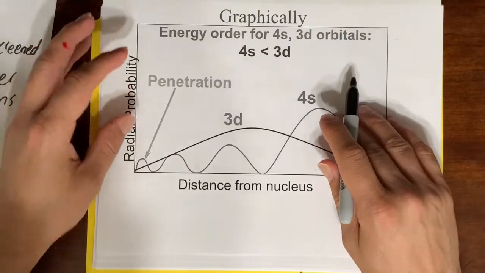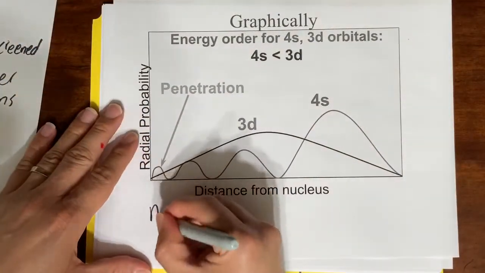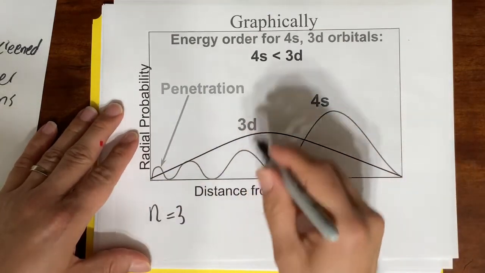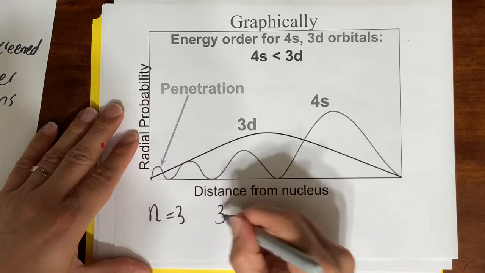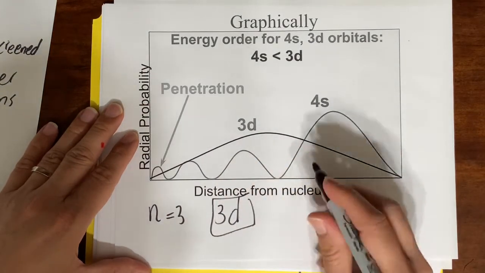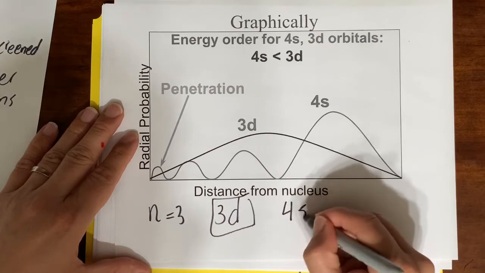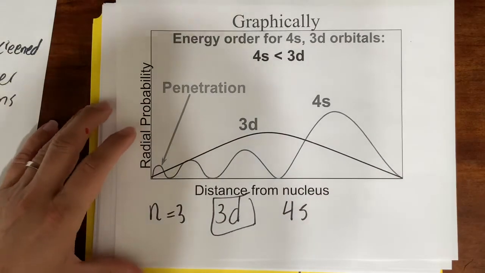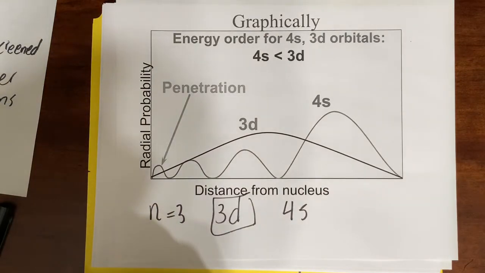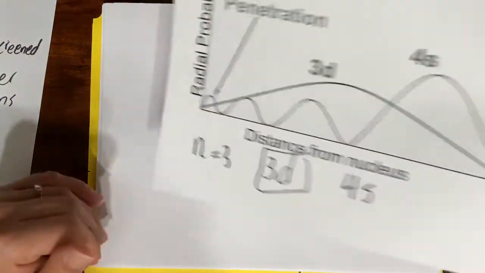From here, when you hit n3, you're done, or you're close to being done, or you reach 3d orbital. After 3d orbital, we're supposed to have 4s orbital. You will see the gap between 3d and 4s is not going to be huge.